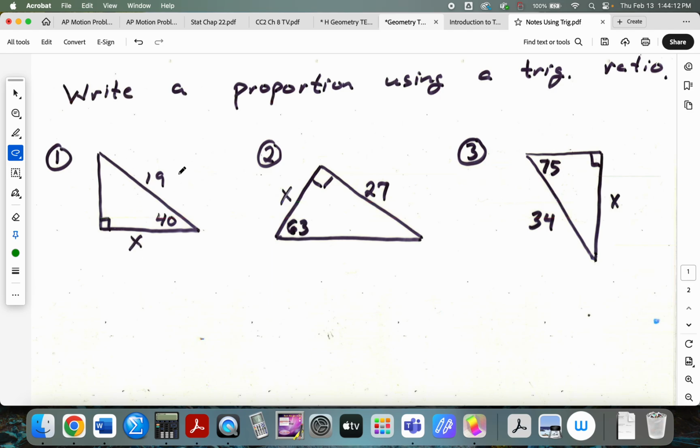Yes. Which side is the hypotenuse? 19. That's the hypotenuse. Then I look to see, do I have the adjacent leg or the opposite leg? Which one is involved in this problem with x? It's adjacent.